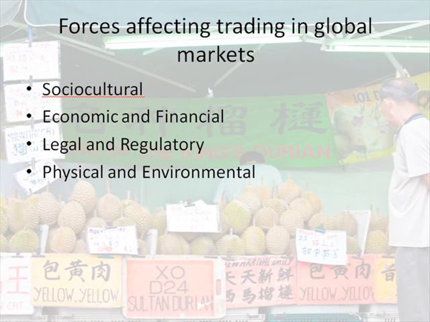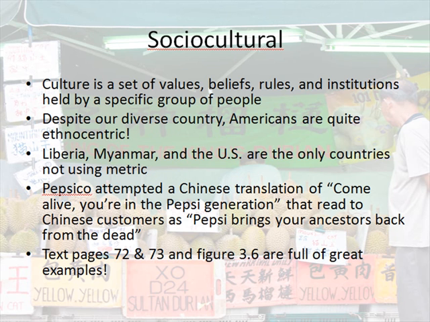PowerPoint doesn't like sociocultural, so it looks like a spelling error. We're going to examine each of these now in more detail. First, we'll start with sociocultural. By the way, the book, pages 72 and 73, is just chock full of good sociocultural examples.